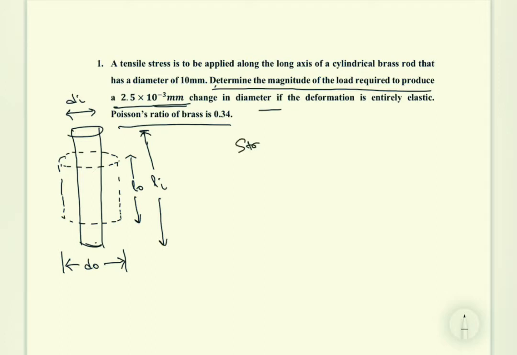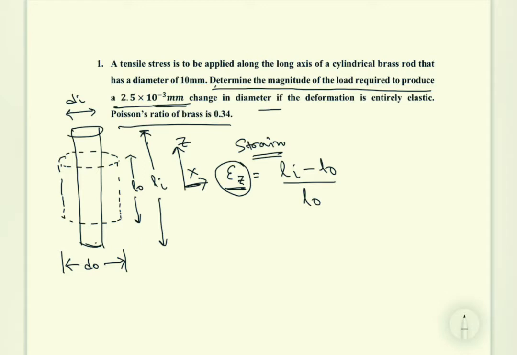So we have to calculate the strain. Strain means the deformation along the axis. This is the z axis, and this is the x axis. So in the longitudinal direction, that would be L_i minus L naught divided by the initial length, or del L by L naught.